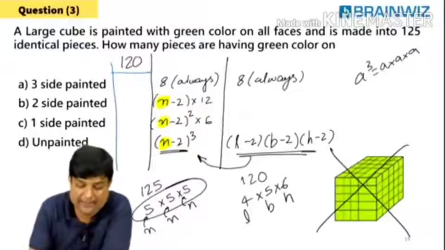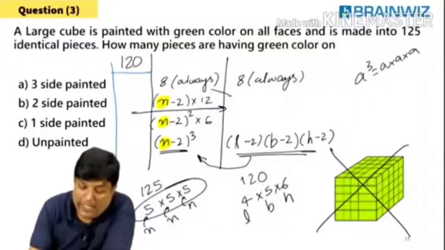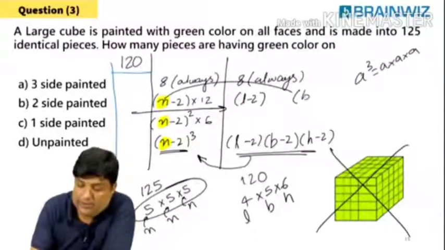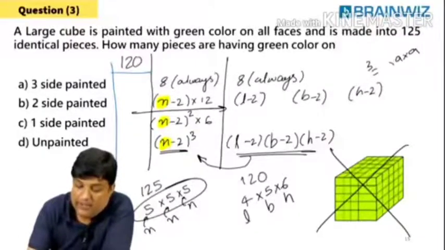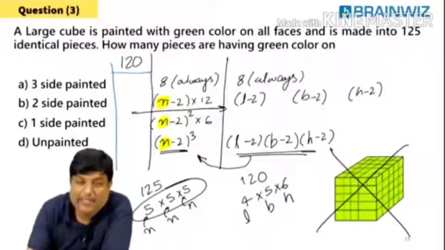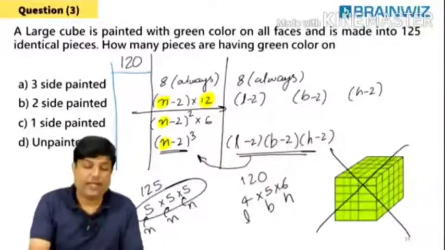8 corners are there. Now, how to design this formula? Very simple. Say L minus 2. Say B minus 2. Say H minus 2. Students, you all tell me how many edges are there? 12 edges are there.